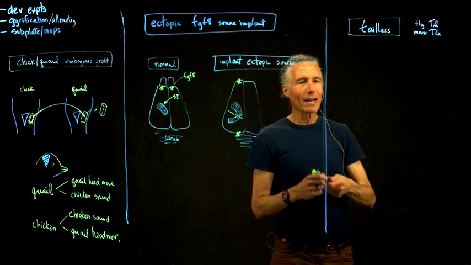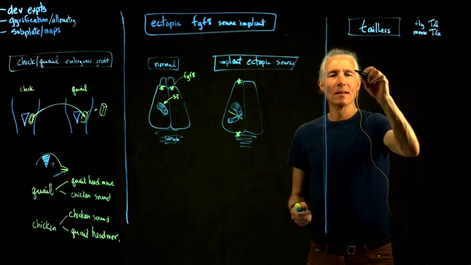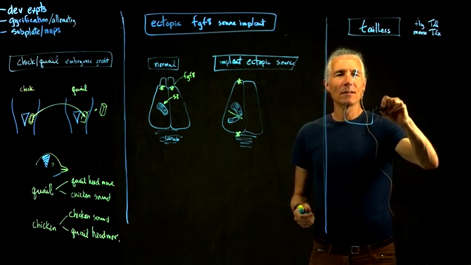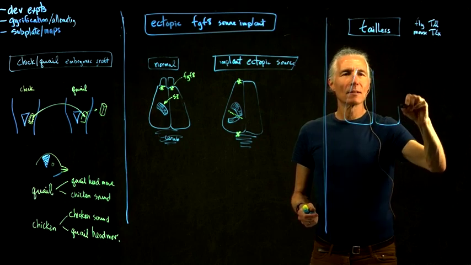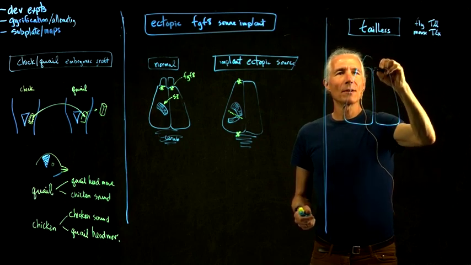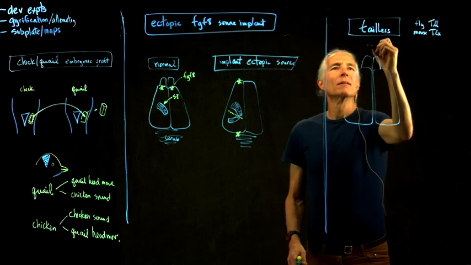But if we go back to our mouse here, in this case we'll talk about visual areas. Here's a normal mouse brain.